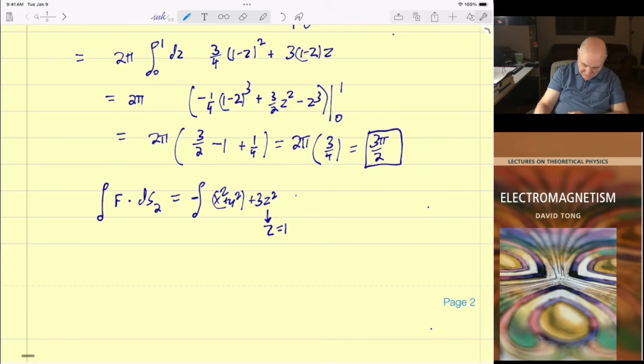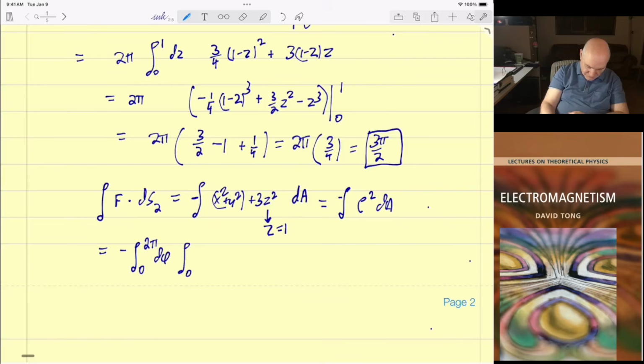So this is just an area integral in the plane. And I'm going to work in polar coordinates in the plane. So it's minus the integral of rho squared dA. Okay, and this is equal to minus the integral from 0 to 2 pi d phi, the integral from 0 to 1, because in the plane rho goes to 1.